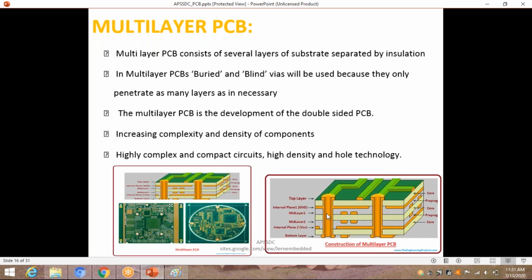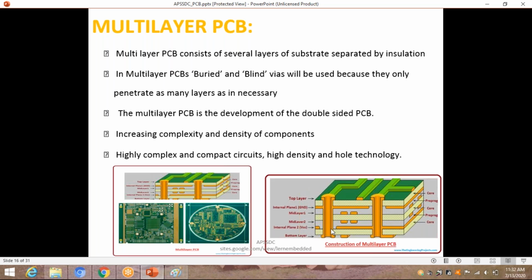Look into the diagram, guys, at the right bottom side. Here we have several layers. That core material is the FR4 material. The green color shows the tracks. Here you can observe the tube-like structure. Those are the wires. Is it clear for all of you?